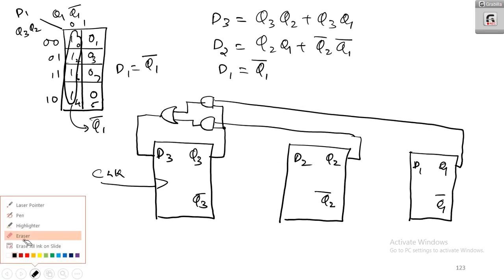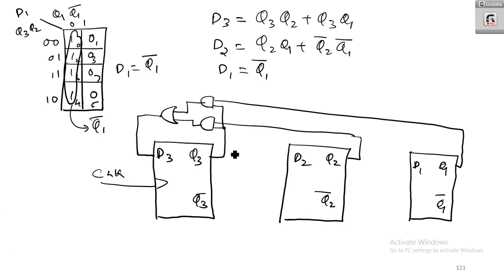D2 is Q2 Q1, right? Q2 is here and Q1 is here. Then an AND gate here, and I will get Q2 Q1. Next one is Q2 bar Q1 bar.